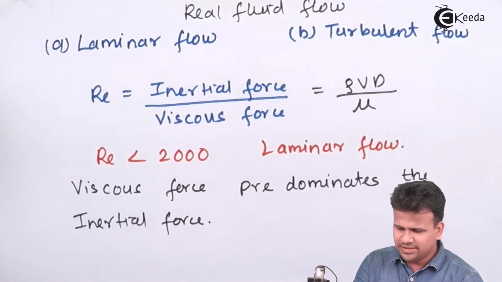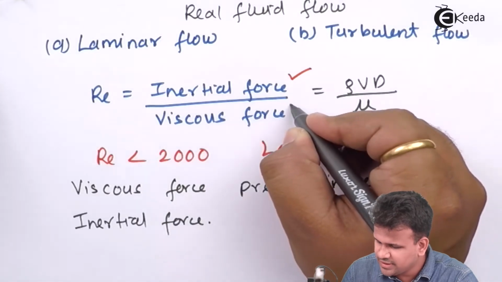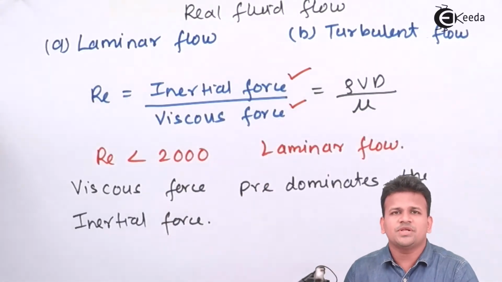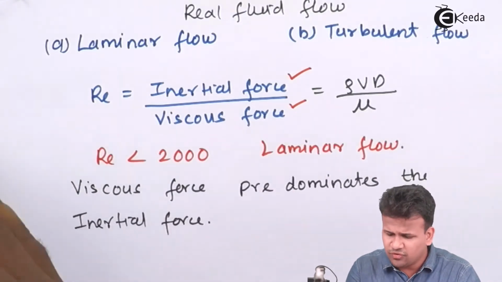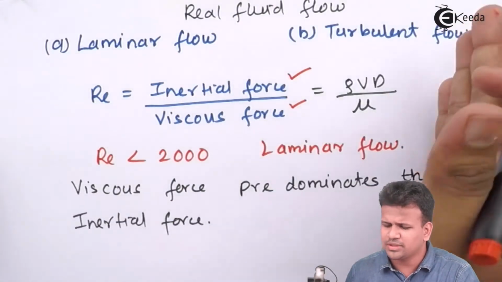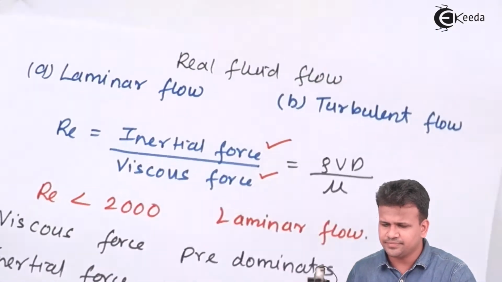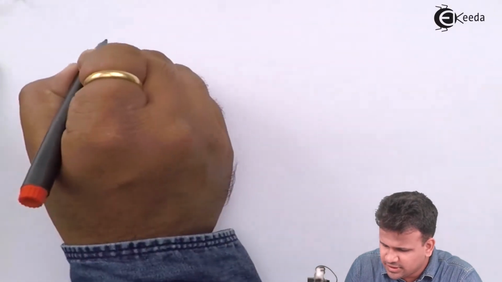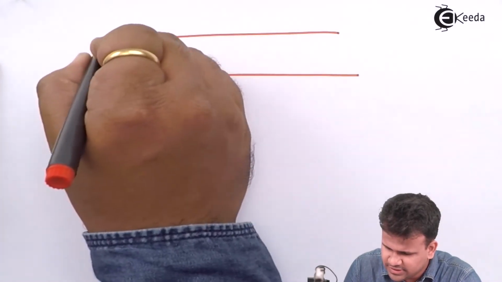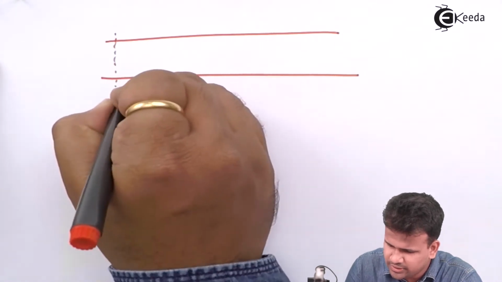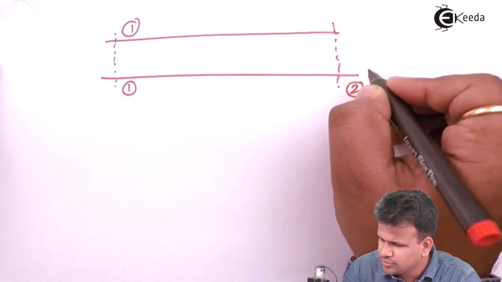Now, let us understand what inertial force and viscous force are. When a fluid is flowing through a pipe, the fluid wants to go from one part of the pipe to another part of the pipe. Let us see how we can illustrate that. So, there is a pipe in which this is section 1 and this is section 2.